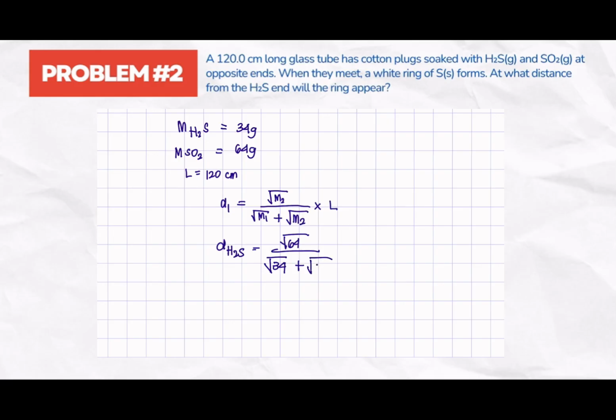Writing it down in our formula, substituting all the values, and calculating this on your calculator, you will get an answer of 69.409 cm, or since 2 sig figs, 69 centimeters from the H2S end. Again, if you want to calculate the other end, just subtract it from your given length.